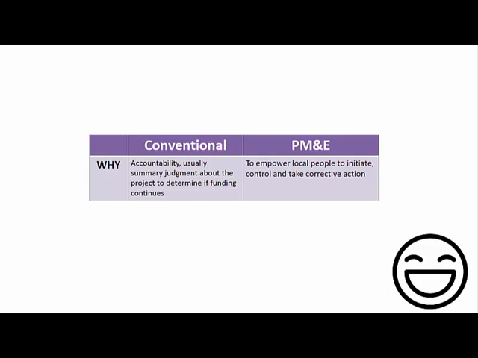So can you already see what this is all about? In conventional M&E, it's really about a funding issue. Should we fund this program? Should we continue to fund it? That's all it's about.